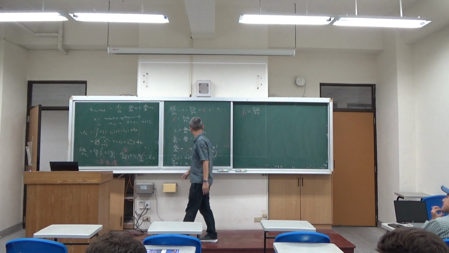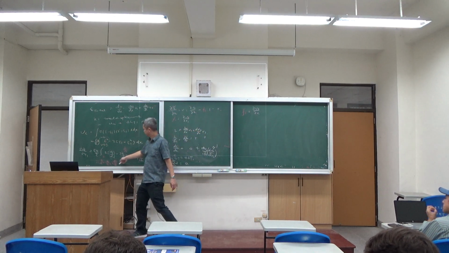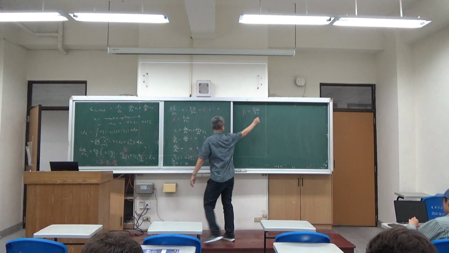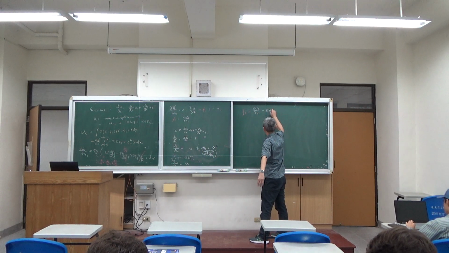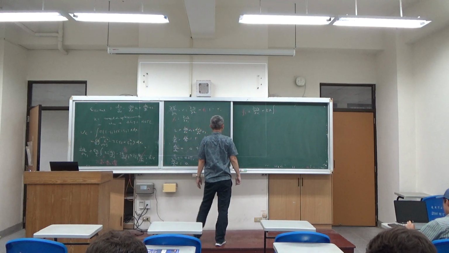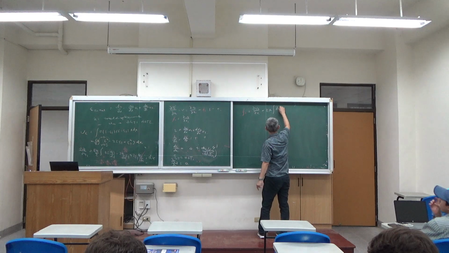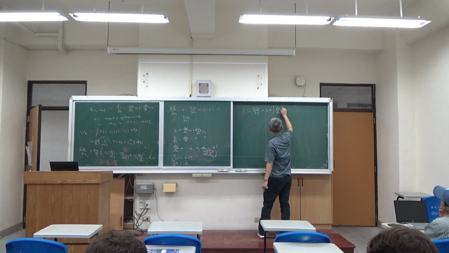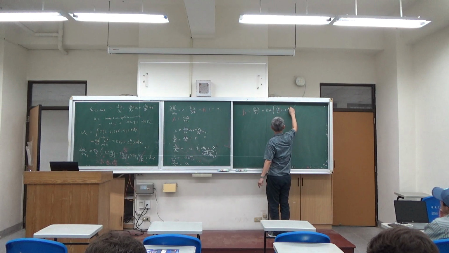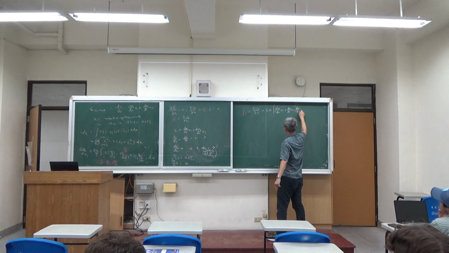Your expression here is 2 times EA over 2 times the integral of the first term, dN1 dx u1 plus dN2 dx u2, times dN1 dx.